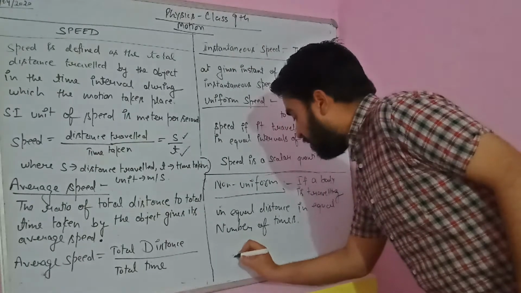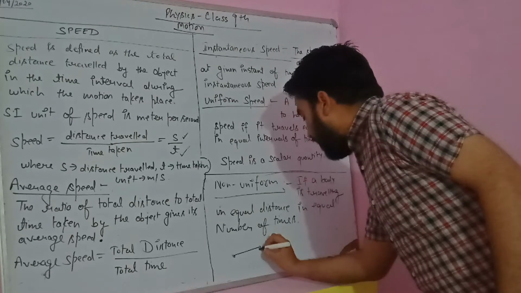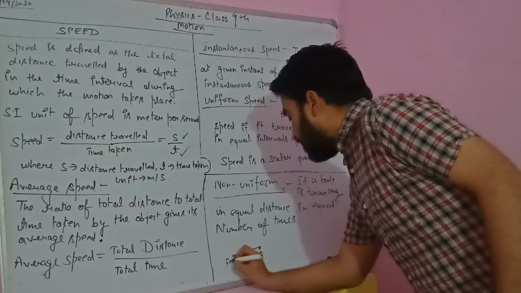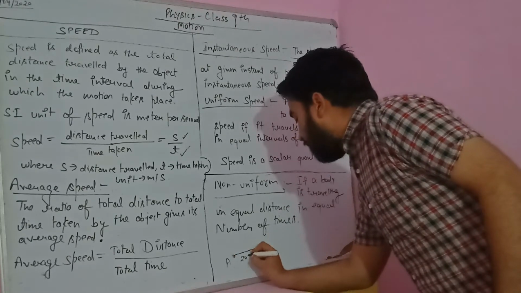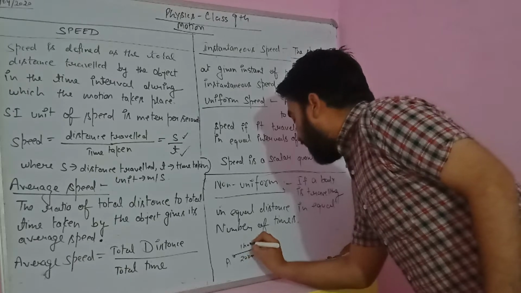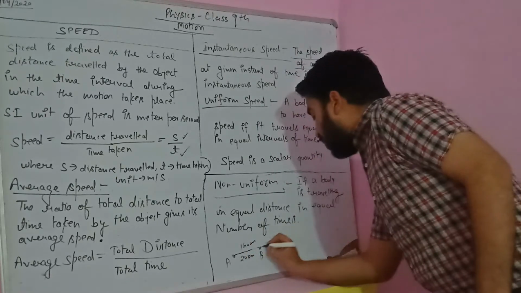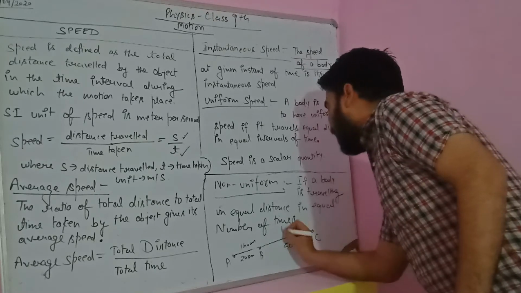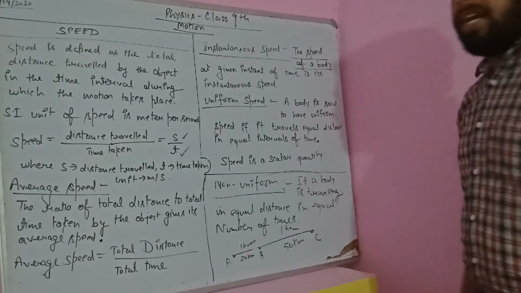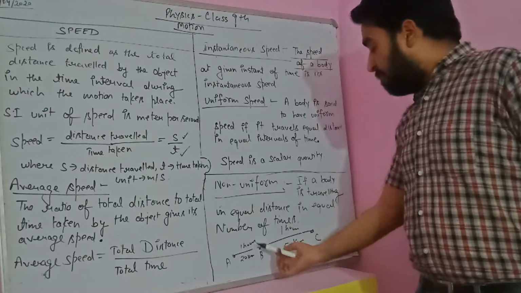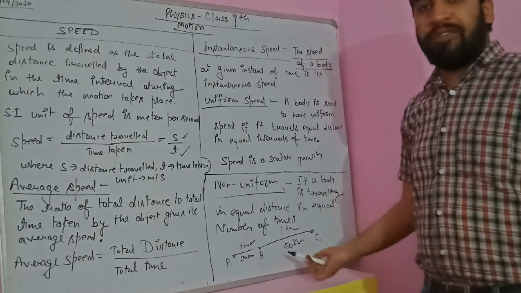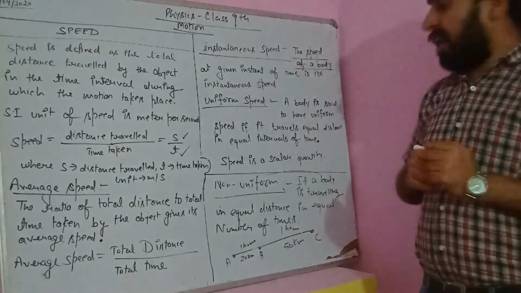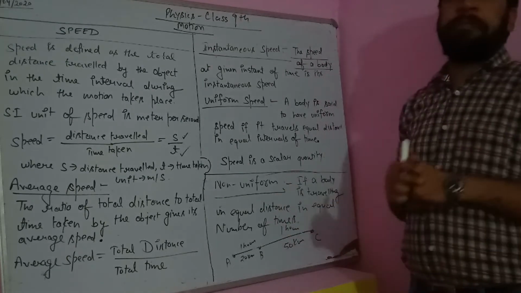For example, from A to B, a journey of say 20 kilometer, the body has taken 1 hour. From B to C, it was 50 kilometer and the body has taken 1 hour. So here the distance traveled by the object is not equal in equal intervals of time. So this is considered to be non-uniform speed.